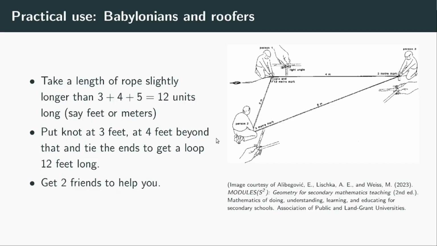So I have a loop of string with knots, one point here, another point there that's 3 feet away, another point there that's 4 feet away, and then 5 feet away. If I pull this taut and hold on to the knots, I'm going to be able to get a right angle there by the converse to the Pythagorean theorem. So that right there gives me a right angle.